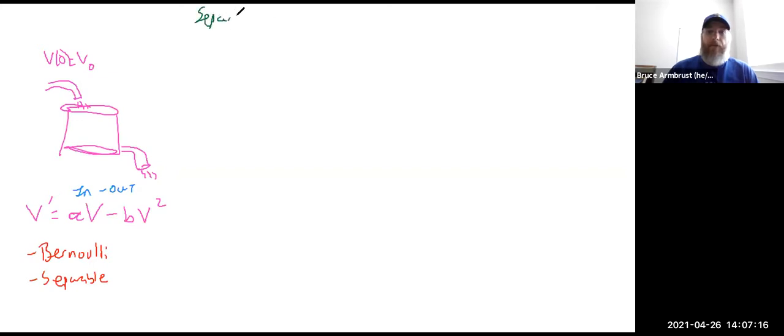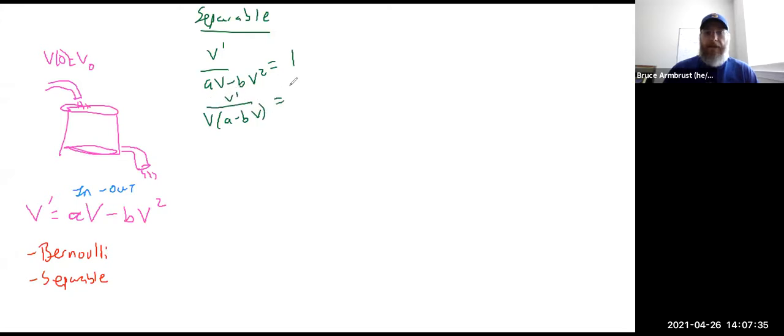But we'll start with separable because that's probably the one that you guys remember better. So we can write that as v prime over av minus bv squared equals 1. So we're going to need to integrate this. We need to think of this as partial fractions.